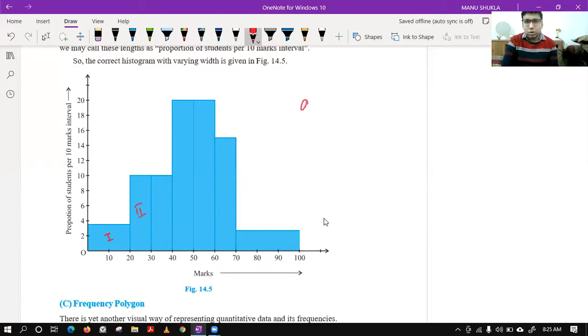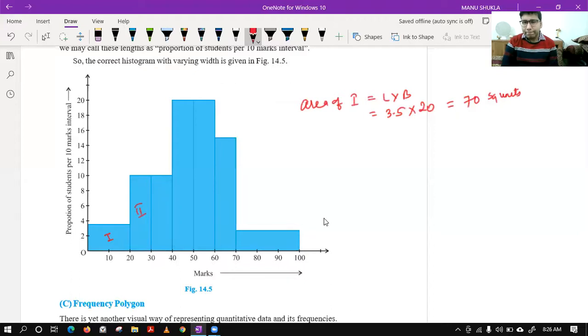Let us check now. Area of the first rectangle is how much? Please tell. It will be given by length into breadth. The new frequency is now 3.5 multiplied with breadth, which is the same, 20, and the answer coming out will be 70 square units.